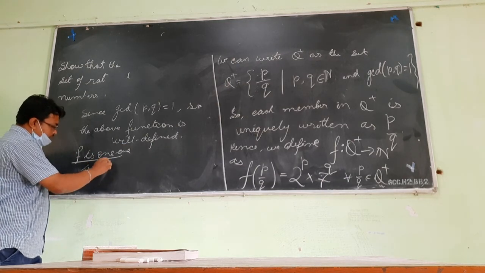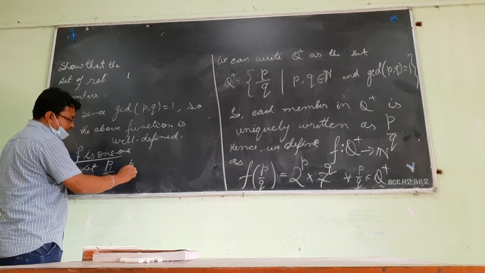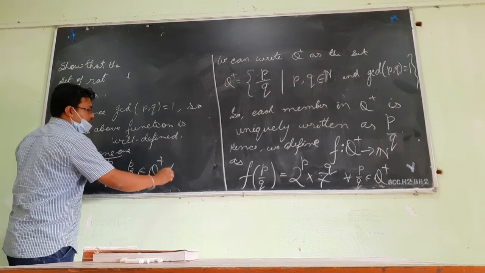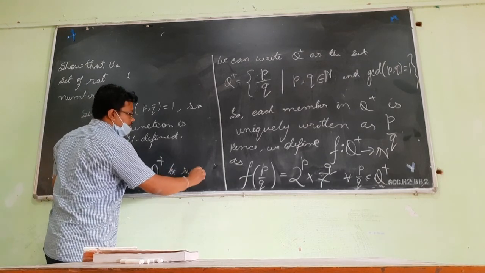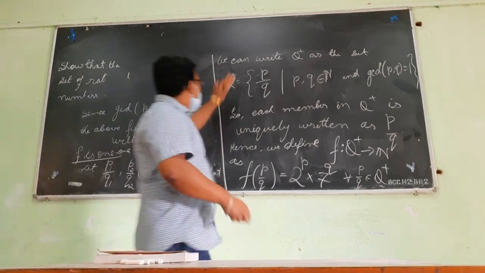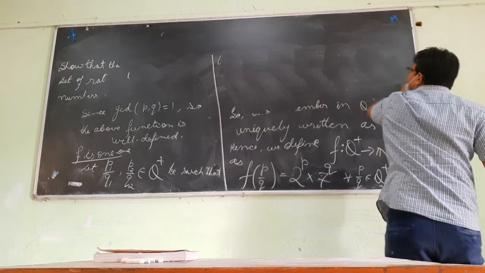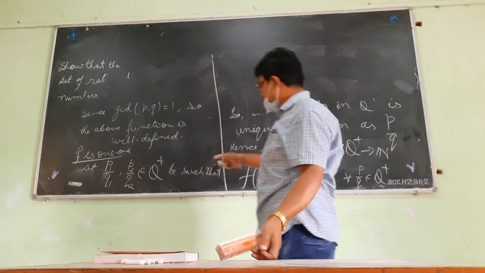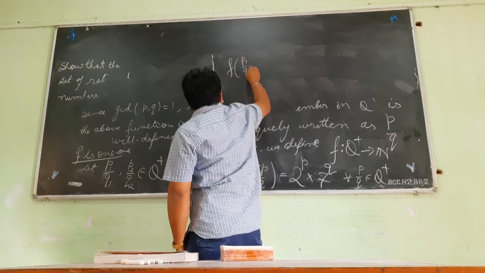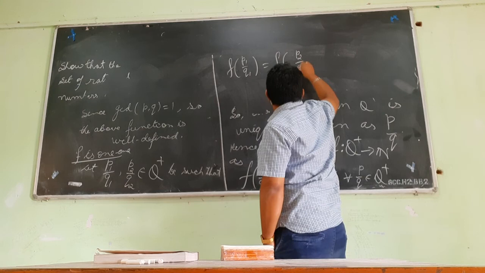Let p1 by q1 and p2 by q2 belong to Q plus, be such that f of p1 by q1 is equal to f of p2 by q2.